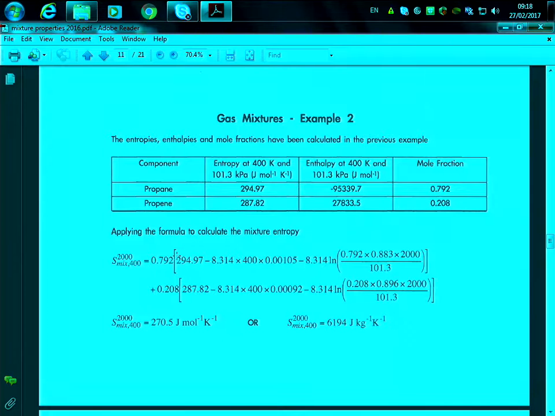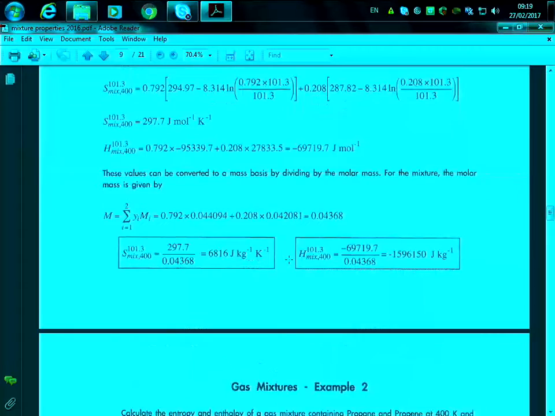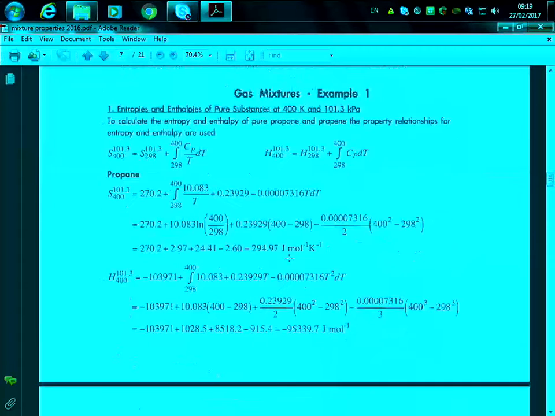So this is the entropy at atmospheric temperature and pressure. And then here we have the integration of the parts of the compound. So this will be the actual part of the equation, basically this part. Oh well, I have it on the board, so this part of the equation.